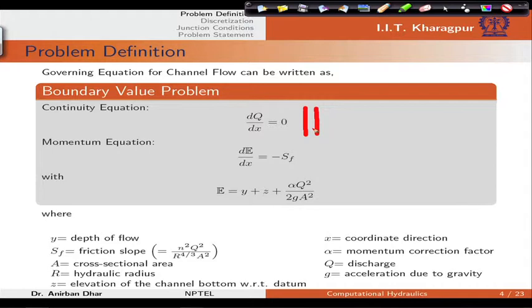But in channel flow, at any junction there will be multiple channels involved in the flow process.